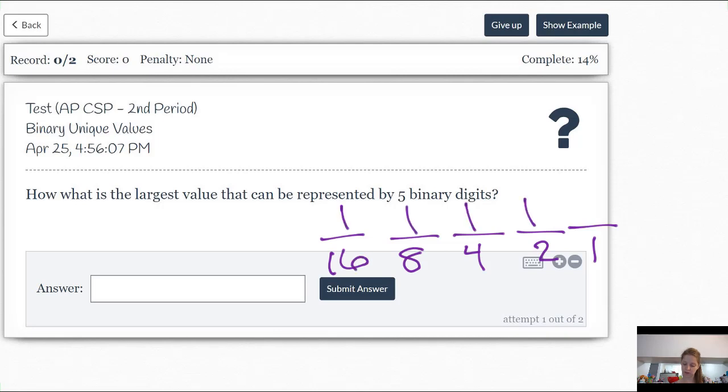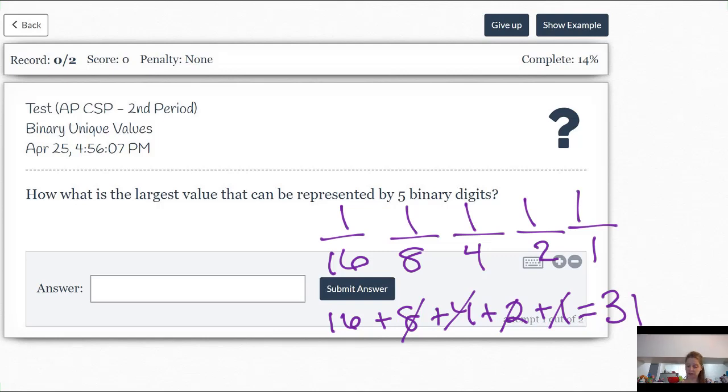So if I put a 1, which is the highest number I could put at each place value, and then I take 16 plus 8 plus 4 plus 2 plus 1, I get, 10 plus 5 is 15, I get 31. So the largest value that can be represented by 5 binary digits is 31.